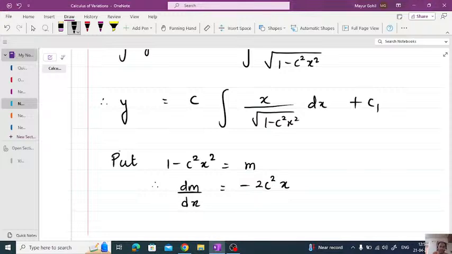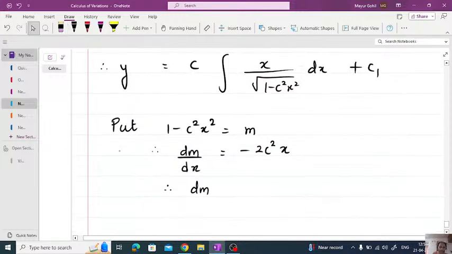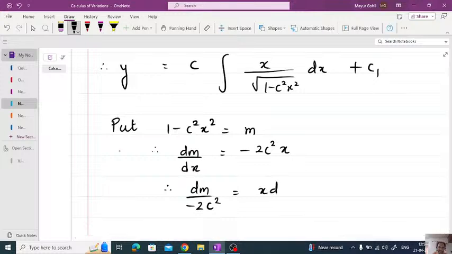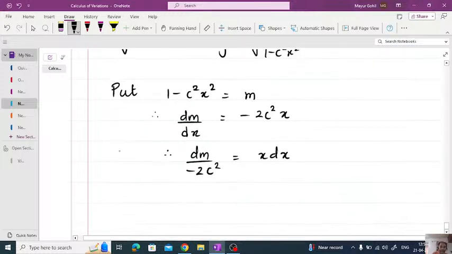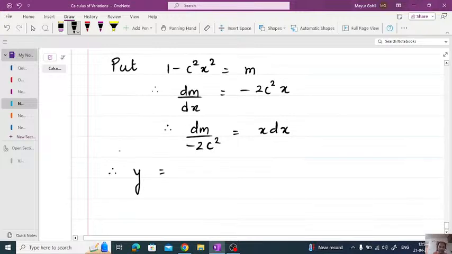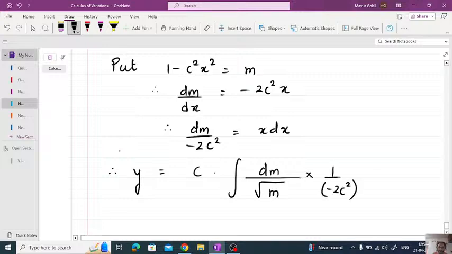Correct? So, therefore, dm upon minus 2c square is equal to x dx. Right? So, therefore, you have y equals c times integration dm into root of m, and there is 1 upon minus 2c square, plus c1.